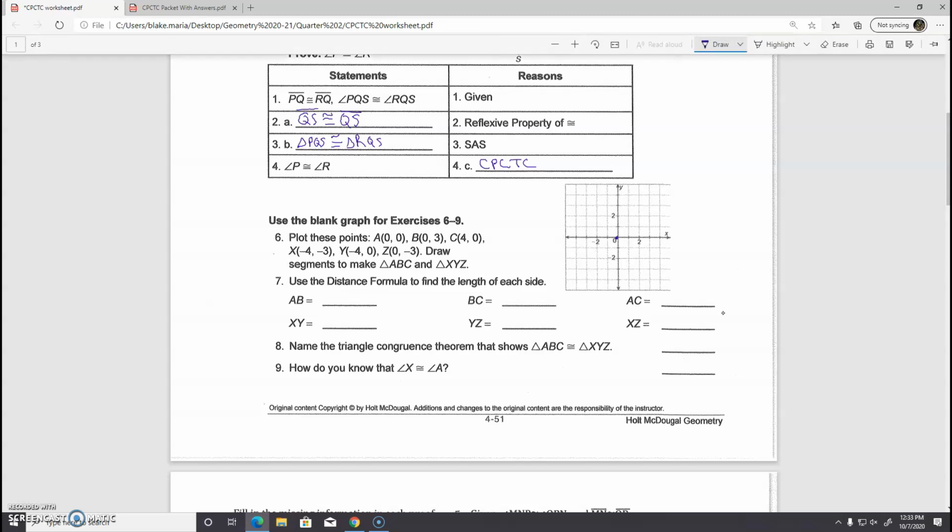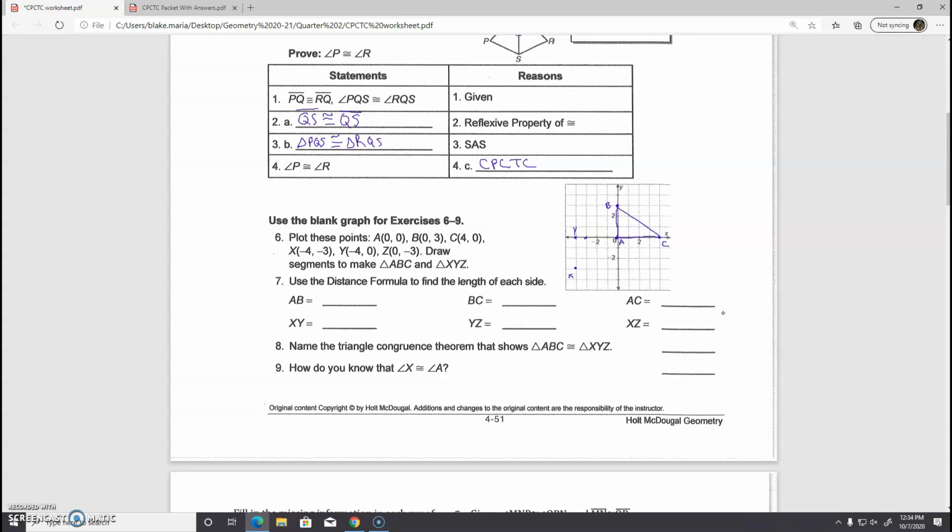We got (0, 0) is A. (0, 3) is B. And (4, 0) is C. We got A, B, and C. And then X, Y, and Z. So X is at (-2, -3)... (-4, 0) is Y. And (0, -3) is Z, sorry.